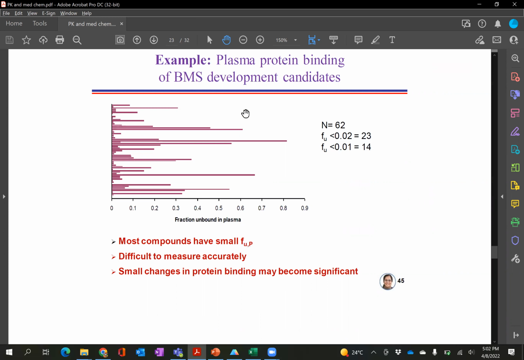Yeah, I don't think so, they only did this one, only BMS. I think there are definitely analyses on this. I know a lot of compounds are highly plasma protein bound. But I think that data should be available somewhere. We can check it. Yeah.